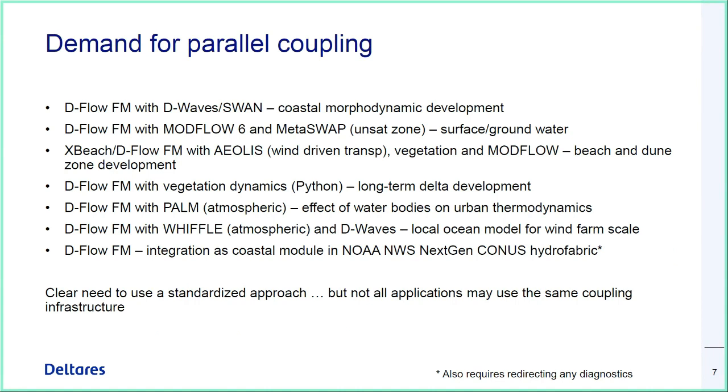And then NOAA asked, well, can you export all the quantities and make them available through the BMI for integration in their hydro fabric for the next generation system, which also requires redirecting diagnostics through a different interface, but also a different type of variation. So this needs to have a consistent approach rather than everybody inventing their own extension to BMI.